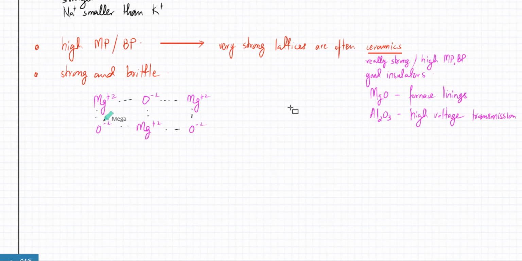But the thing is, as soon as you apply a certain force, the whole structure collapses. Why does it collapse? Beyond a certain point, you have to apply a pretty significant force to break a lattice. It's not a simple force. What will happen is, right now they're all attracting each other.